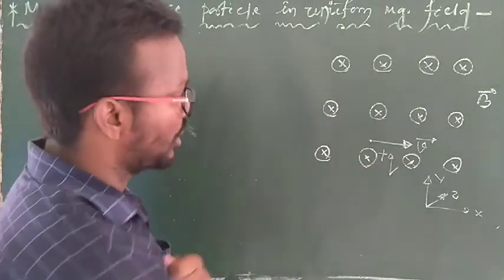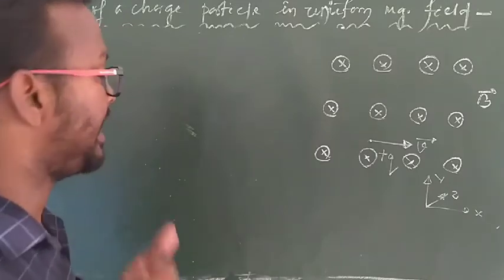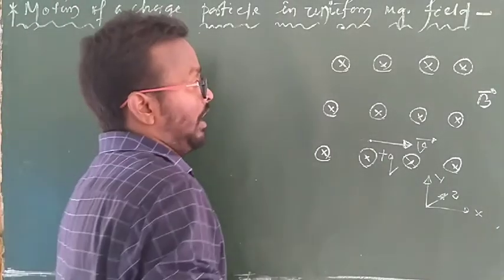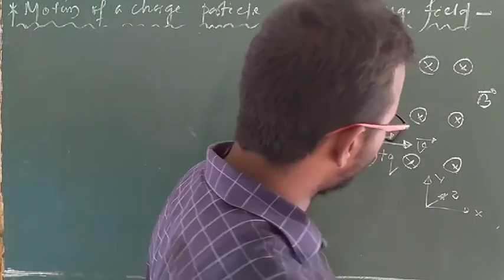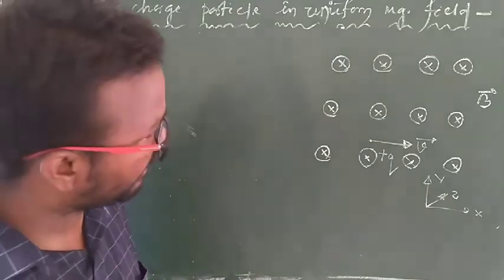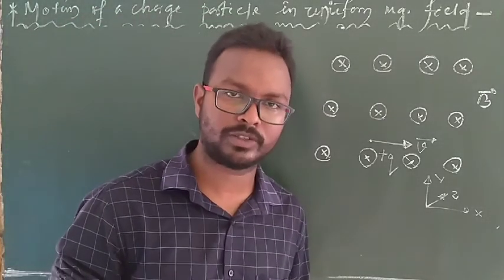So in this case we have to determine the path of this charged particle. Now, to determine the direction or path of this charged particle, first we have to determine the direction of the force, that means the magnetic force.